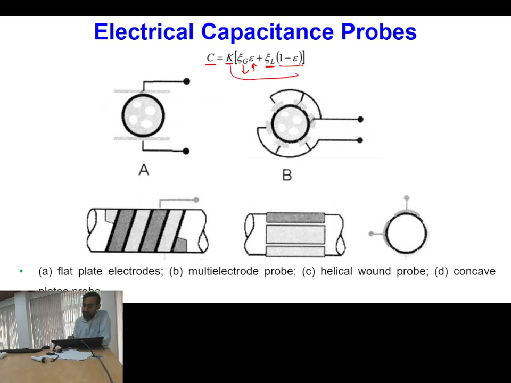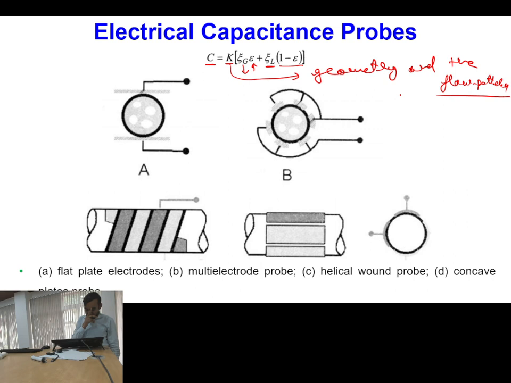This K is typically a factor which depends upon the geometry of the probe and the flow pattern. So on these parameters this actually depends.